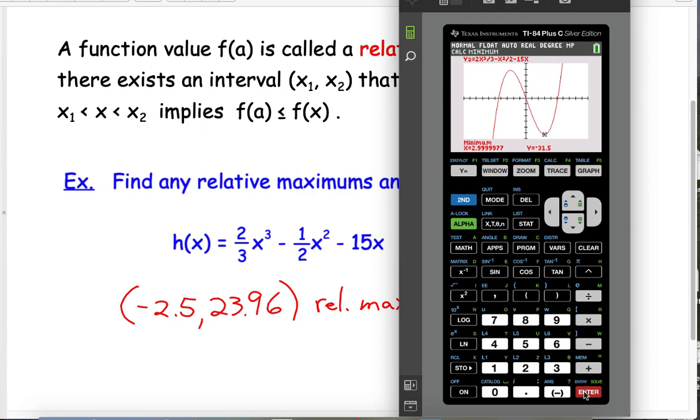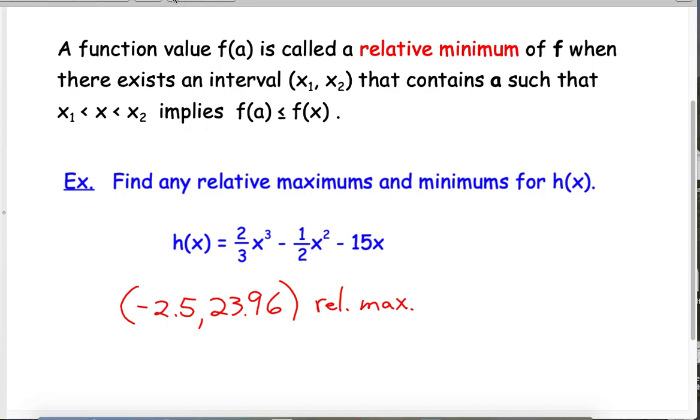So this time it looks like x is probably positive 3, 2.9999977. So x equals 3 and y equals negative 31.5. And so that's how you find your relative max and relative min using your calculator.